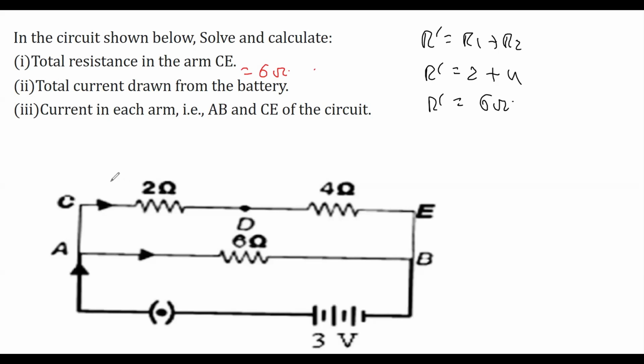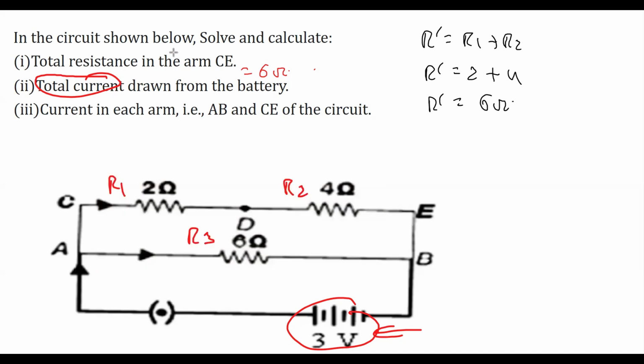I took this as R1, this as R2, and this as R3. As I said, in order to find the total current, we need the total potential difference, which is given, but then we have to calculate the total resistance, or say equivalent resistance.